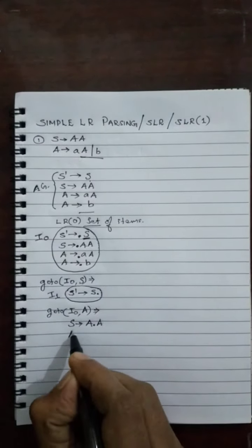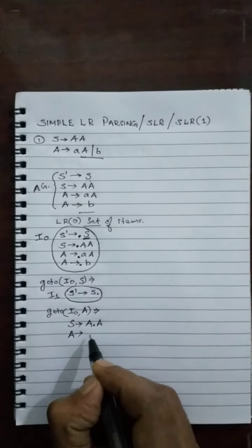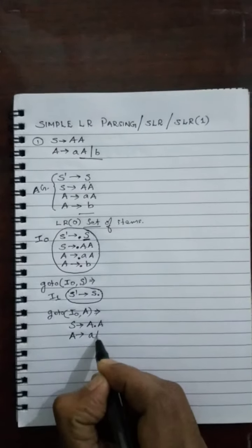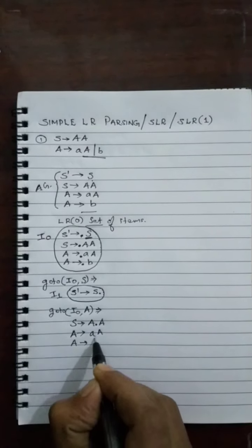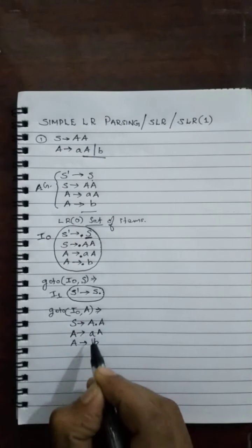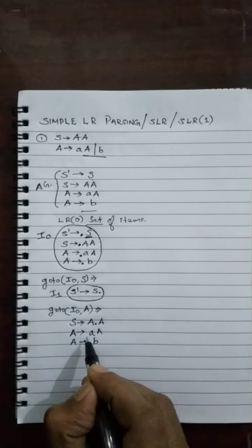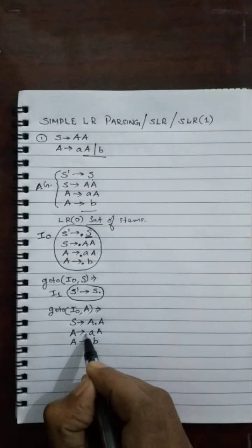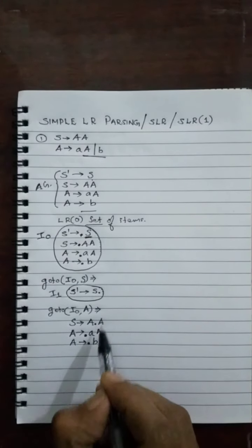So I have to add A's productions to this set of items. So A producing a capital A, A producing B. Now, are these two items a canonical set of items? No, it is not. I have to insert a dot to the right hand side of the production.